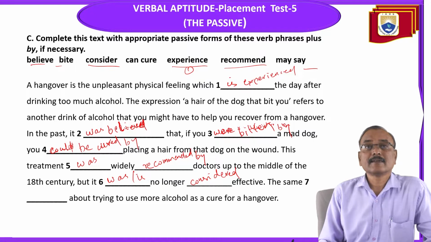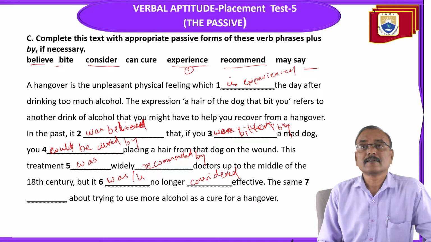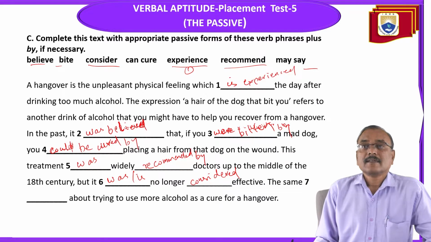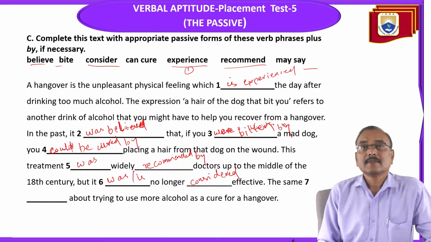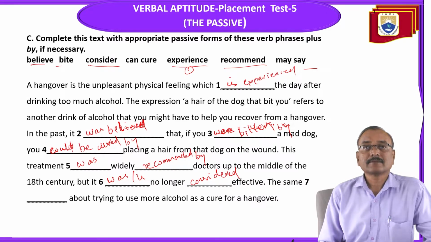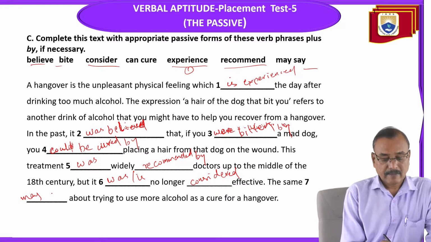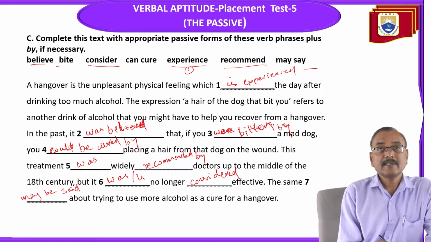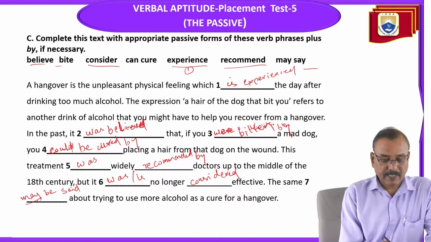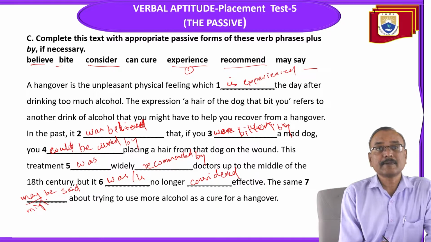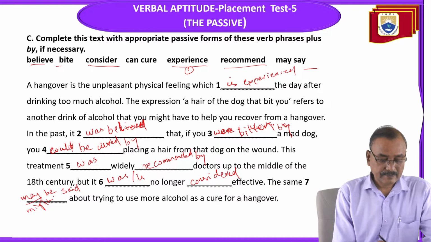Now here, the same might be said here. Same here, maybe here we can say. So the same may be said, right? Or you can use here might also, if you think of its past here, might be.